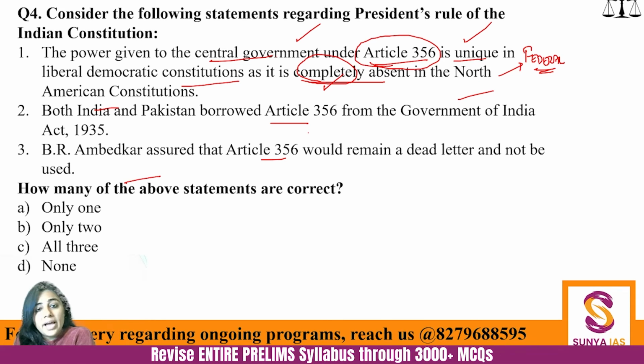So that cannot happen, and that is why this statement is correct. It is unique to India. And yes, even the second statement is correct. This can be a new piece of information for you, that both India and Pakistan borrowed Article 356 from the Government of India Act. And even the third statement is correct. Dr. B.R. Ambedkar assured that 356 will remain a dead letter. So here all three statements are correct, and now we will start the President's rule. See, President's rule.